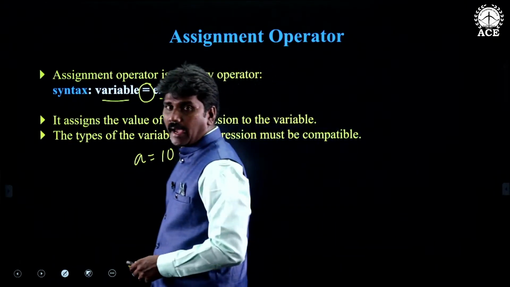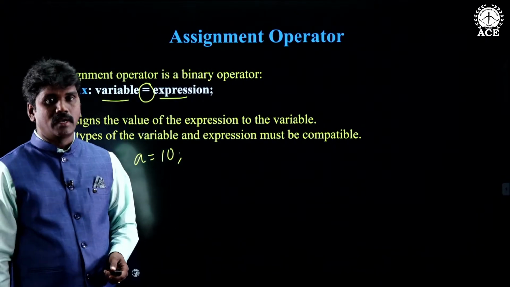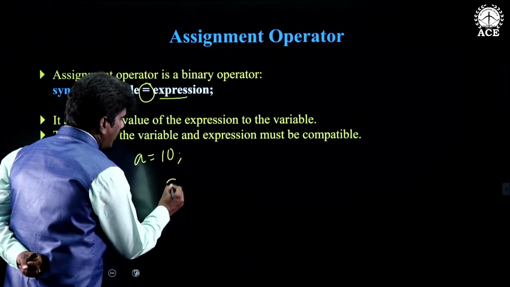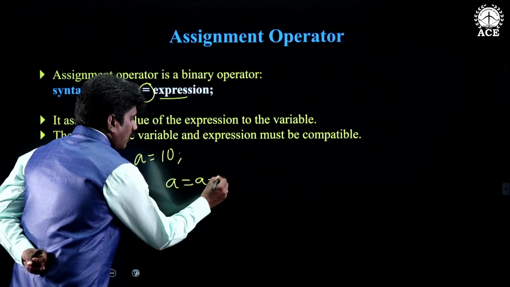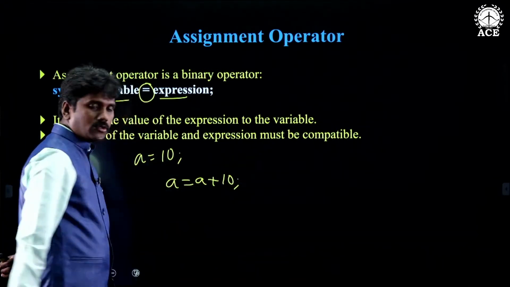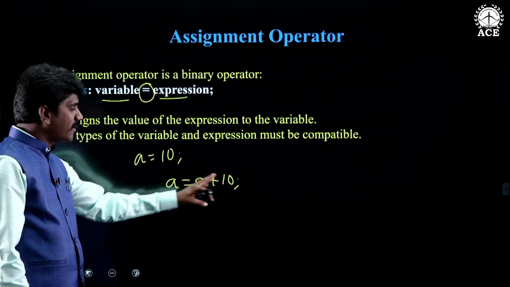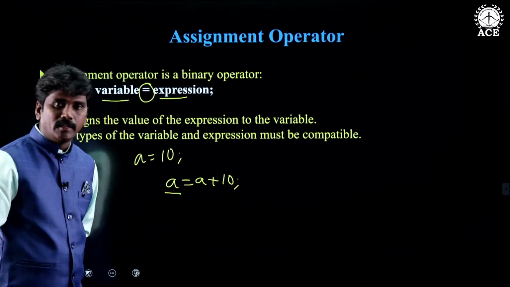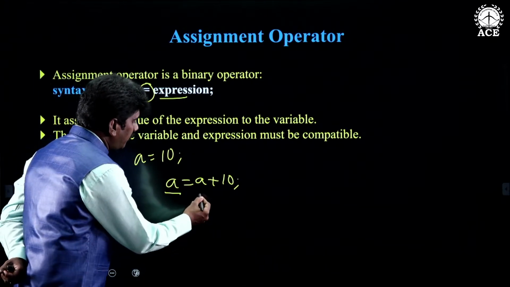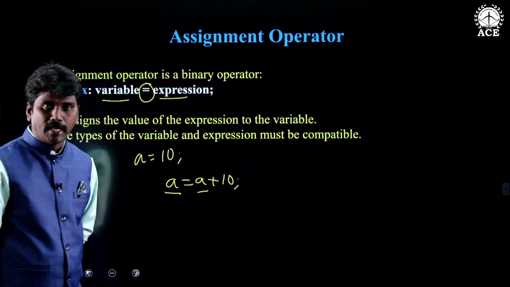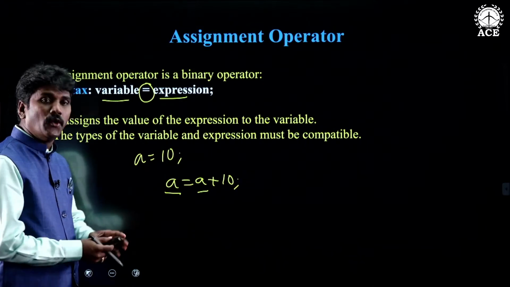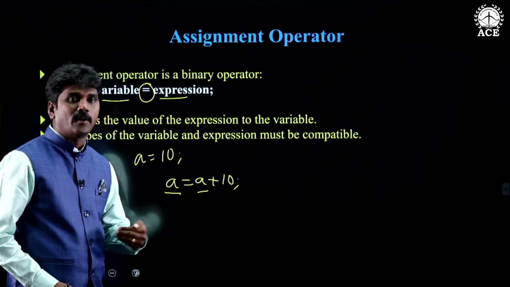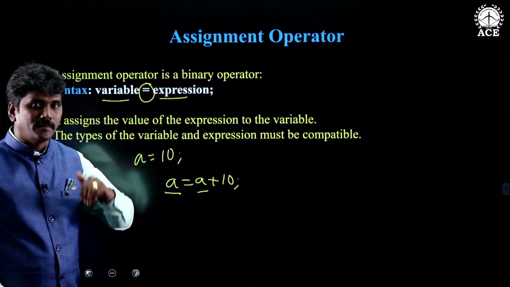Next one, another important point we have to understand. For example, if I have a statement like A is equal to A plus 10. If we observe, on the left hand side we are having the variable name A, and on the right also I have the variable name A. In this case, we can use another way of assignment operator, the shorthand assignment operator.